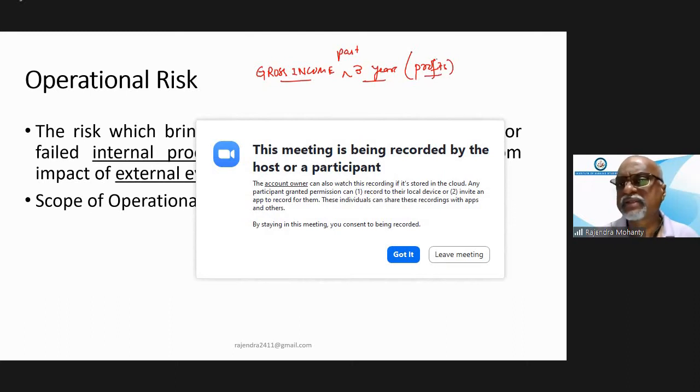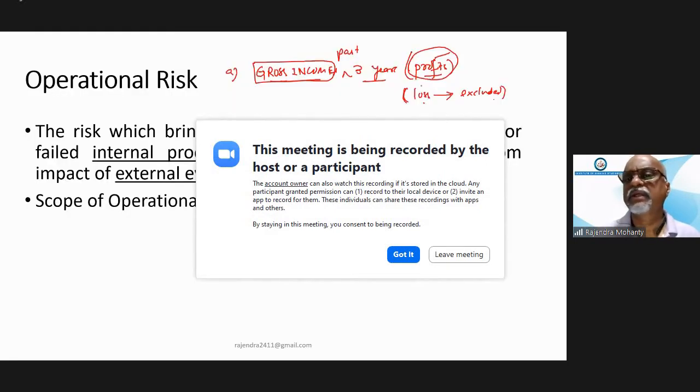If the bank has shown a loss in any year, that year should be excluded. You have to go back to the next year where profit happened. So 3 consecutive years where profit has happened. For those 3 years, you have to calculate the gross income. That is the first step. First step is find the gross incomes for the past 3 years where bank has earned profits. If there is any loss in any year, those years should be excluded.